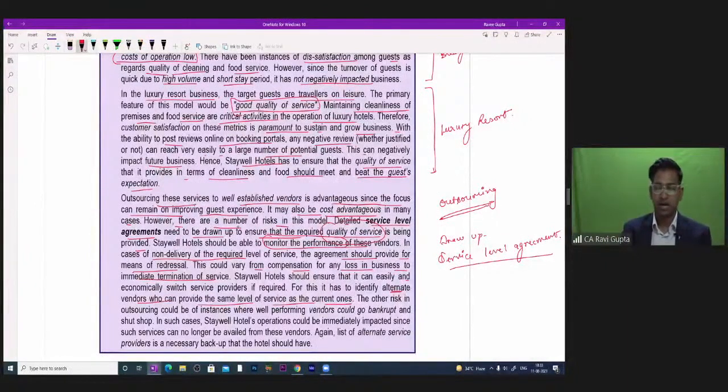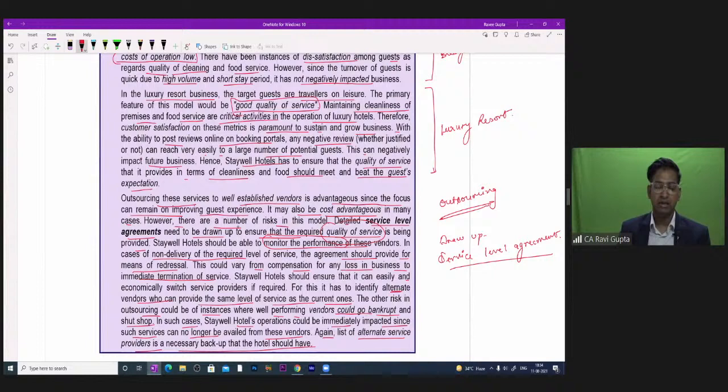The other risk in outsourcing could be an instance where a well-performing vendor goes bankrupt and shuts shop. In such cases, hotel operations could be immediately impacted, since such services can no longer be availed from these vendors. Again, a list of alternative service providers is necessary as a backup that the hotel should have.